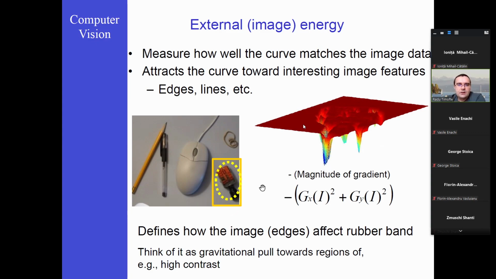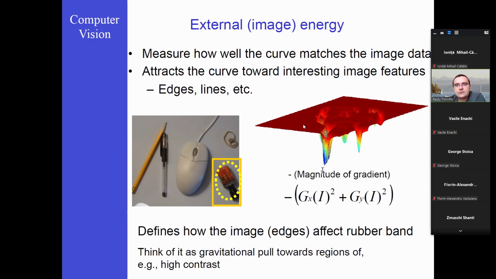You can see a similarity to a gravitational pull towards regions of high contrast. If we interpret this as the magnitude of the gradient, then we are saying the most interesting parts are those with the largest magnitude of gradient.